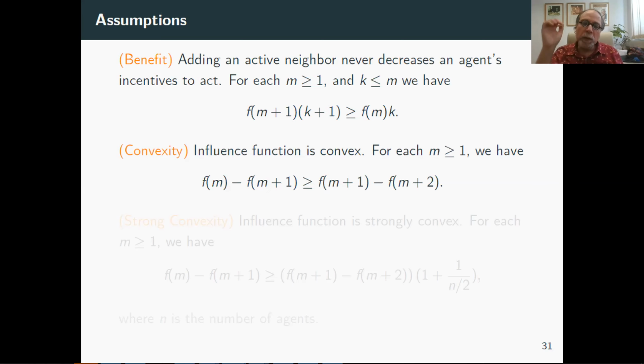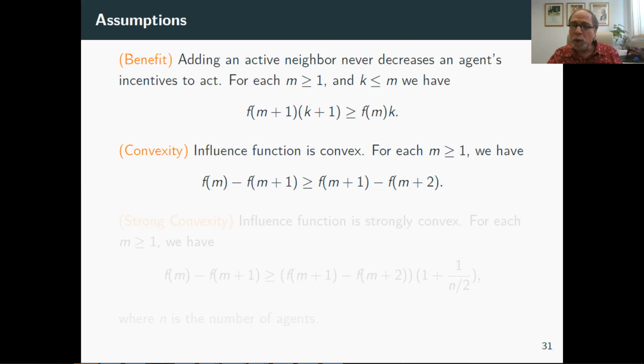Okay. The second condition is convexity, and it says that if I'm introducing another friend that doesn't take the action, the more friends I already have, the less the extra dilution is going to be. Let me explain it more simply.